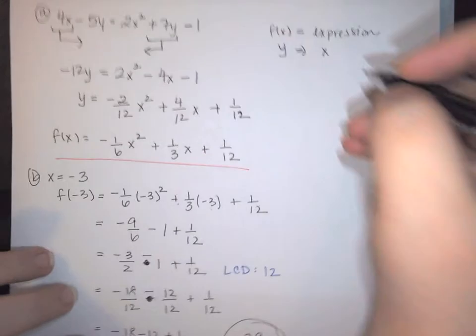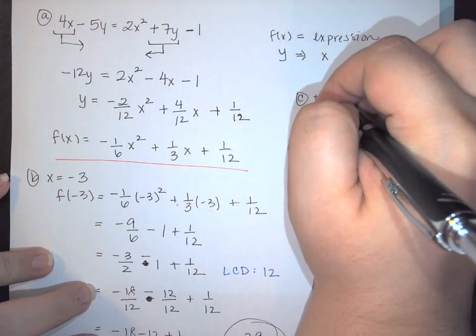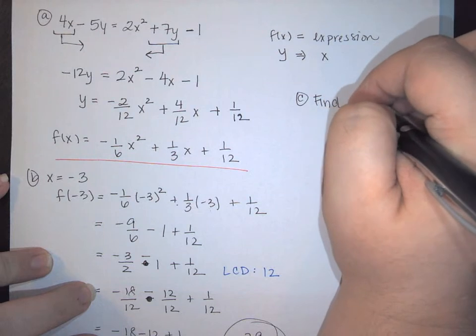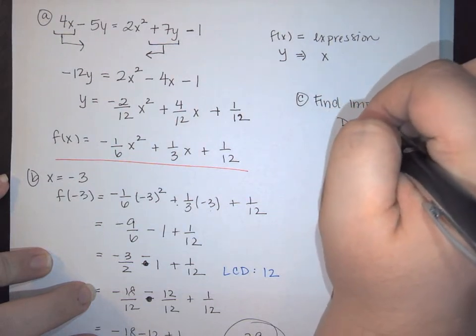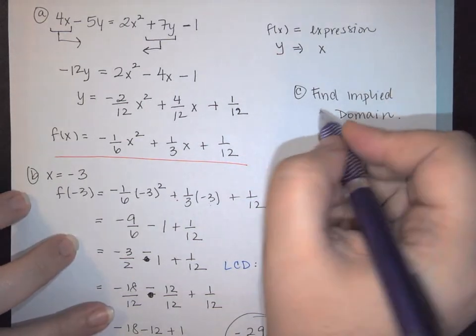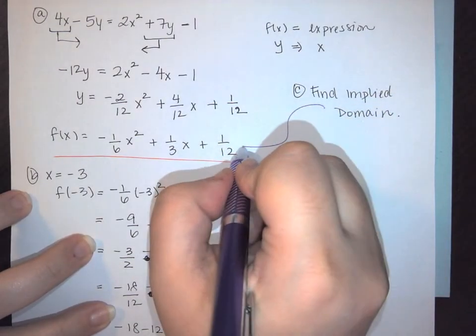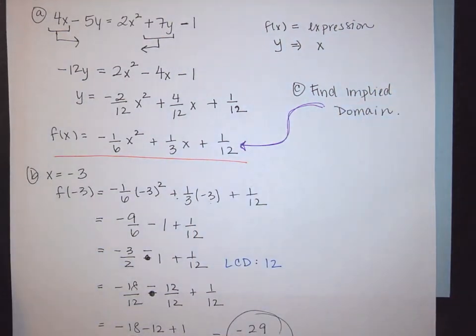Now the last thing we have to do here is find the implied domain, and to do that we have to go back to the equation we were looking at. So in other words, to find the implied domain we have to look back at the equation that we have here. And so notice this is a quadratic.